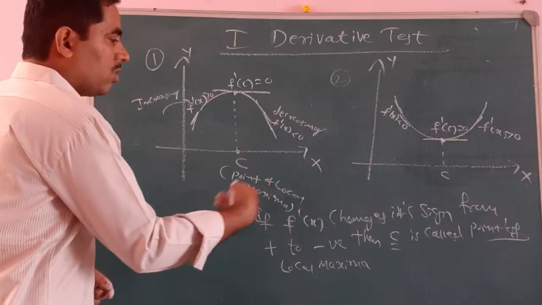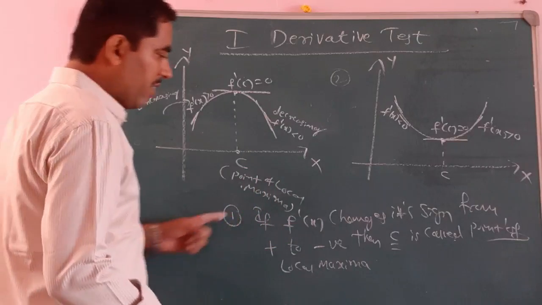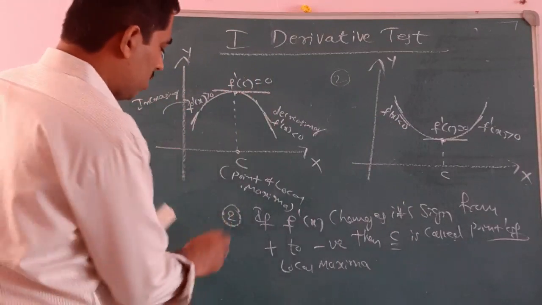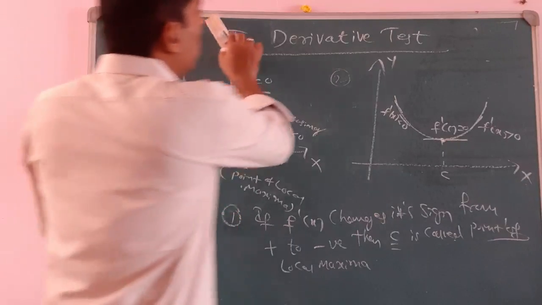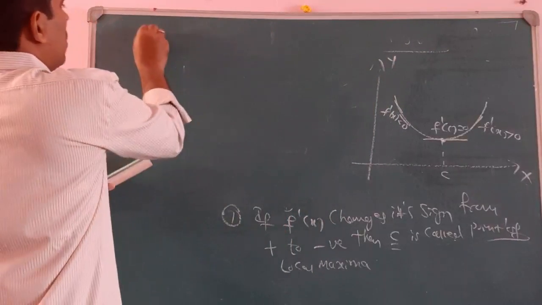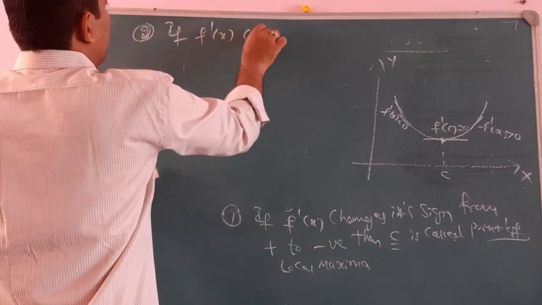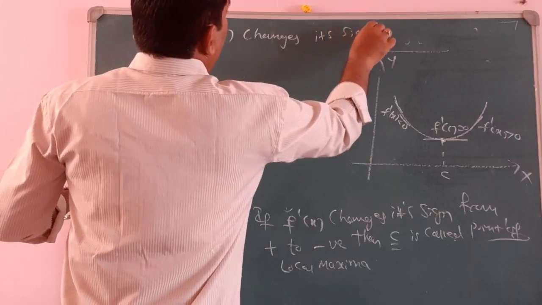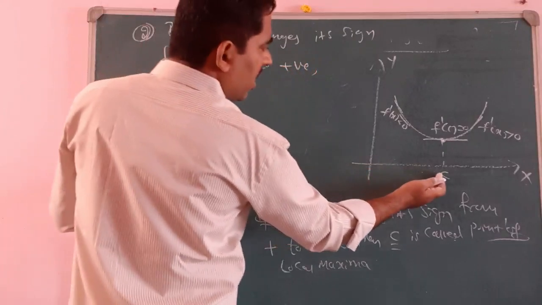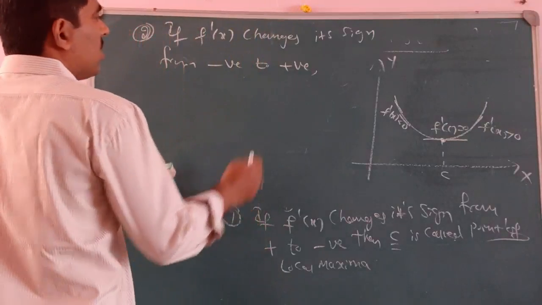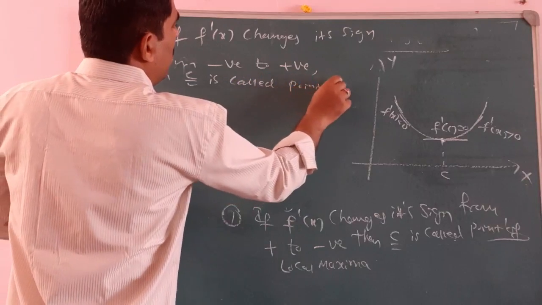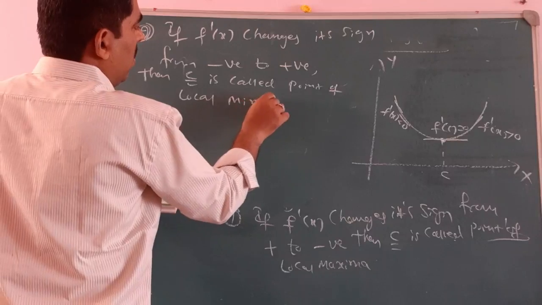Then the second case. If f dash x changes its sign from negative to positive, once again we have to consider the values slightly less than c and slightly greater than c, then the point is called the point of local minima.